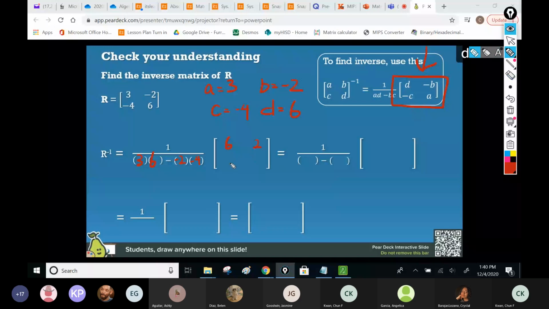And then the C is a negative C. That means you need to have a negative, negative 4. And then the two negatives become a positive. Now you have a positive 4. And you need the A lower.